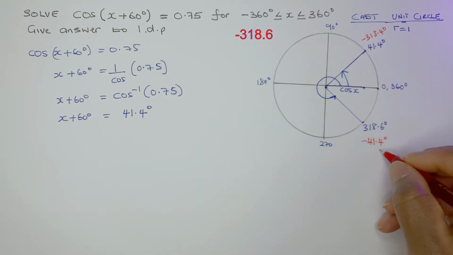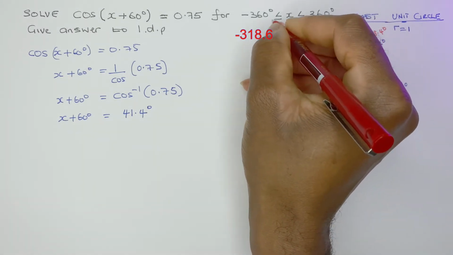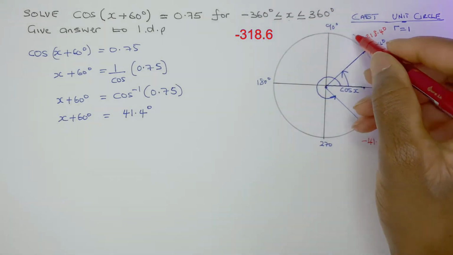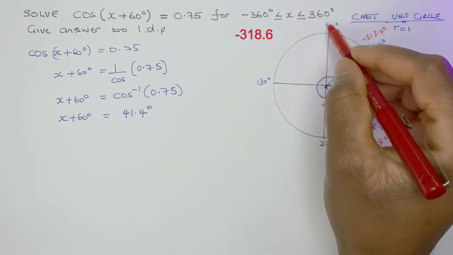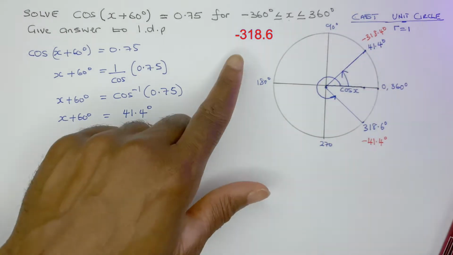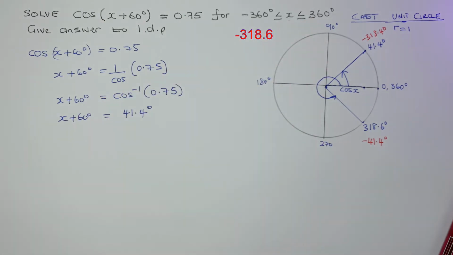The red one is going in the clockwise direction, from 0 to minus 360, and the blue one is going in the anti-clockwise direction, from 0 to 360 degrees. Because we go from minus 360 to 360 degrees, these values here are the values of x.